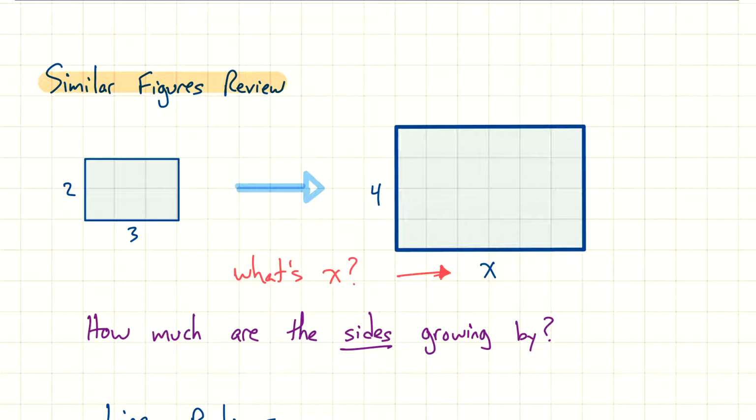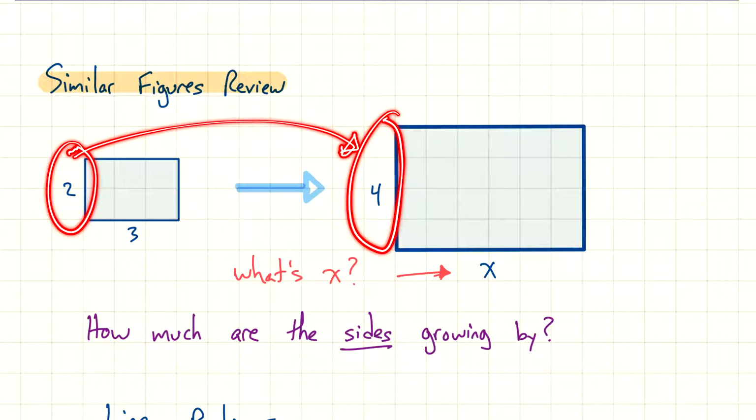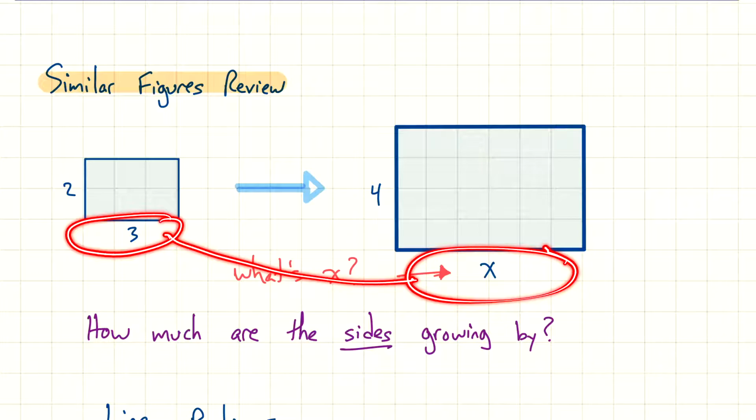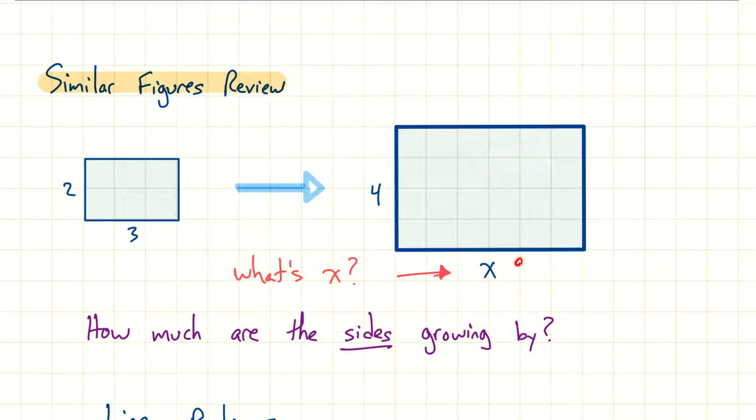If I look at the left side, which has a measurement of 2, and the left side of the larger shape, I notice it goes from 2 to 4, which you might notice is twice as big. So you could make the assumption that if you're going from 3 to whatever this measurement is, it should also be twice as big. So in this case, that would make this measurement a 6. So I'm going to put equals 6.